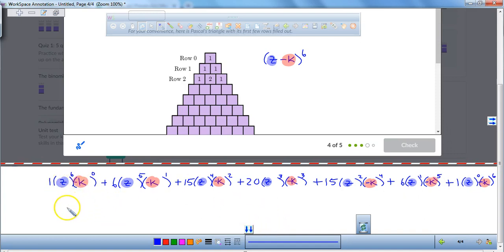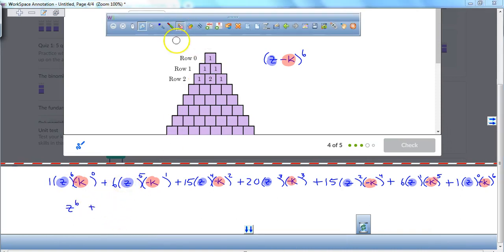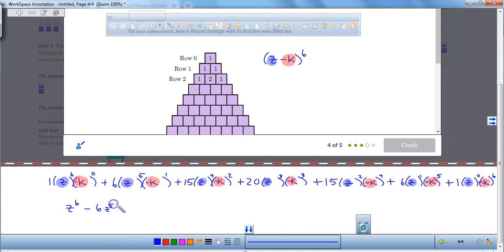We know z to the power of 6 is just z to the power of 6. Then we could plus, oh, wait a second. Actually, I'm not going to do plus here. We have a negative k. So that's going to end up being minus 6 z to the power of 5 k. Now, a negative times a negative is a positive, so that's going to become plus 15 z to the power of 4 k squared.